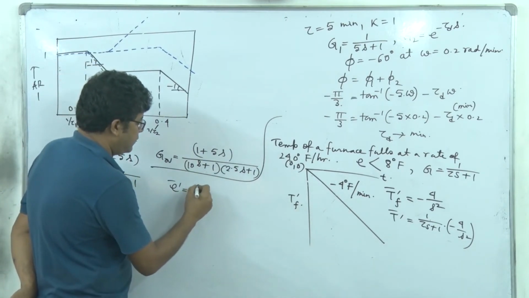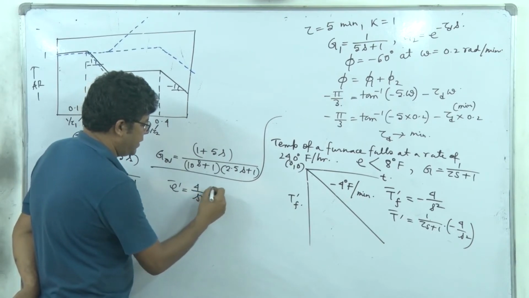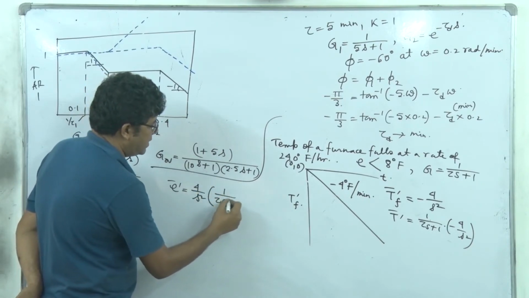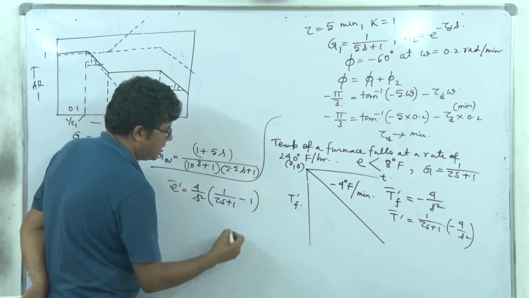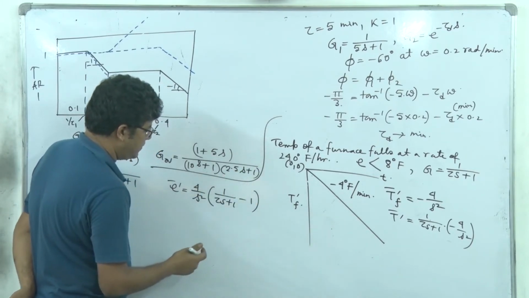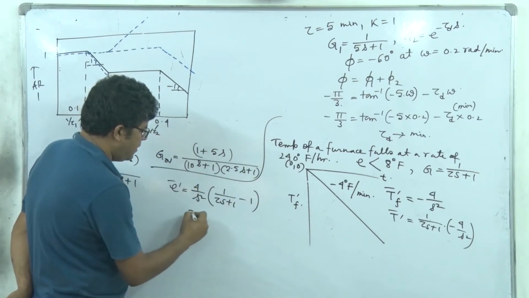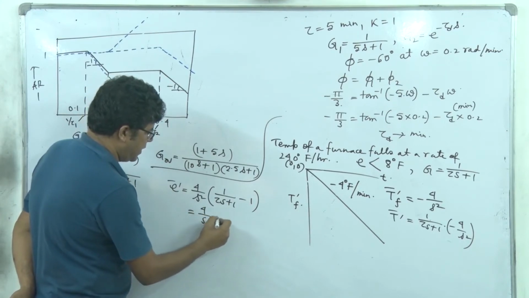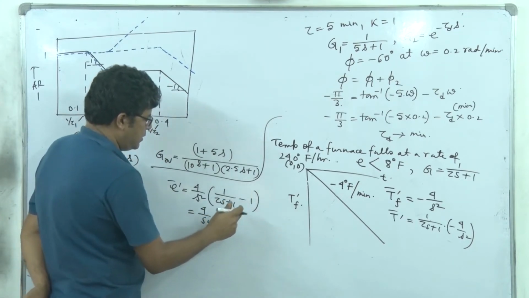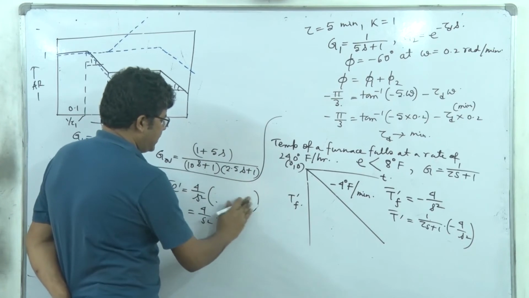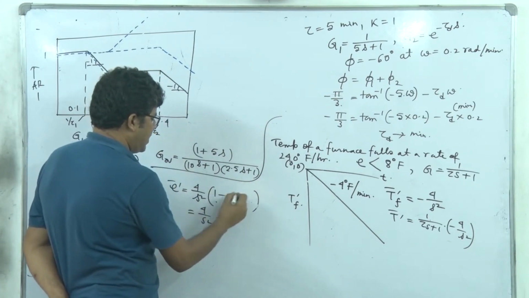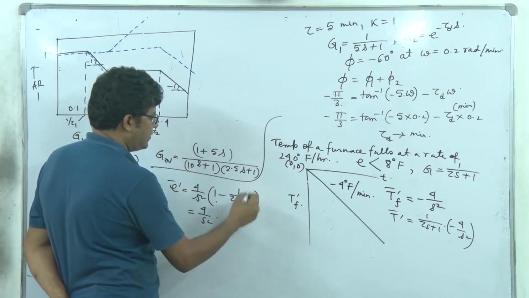So it is 4 divided by s square into 1 minus 1 divided by tau s plus 1, because we are subtracting these two.